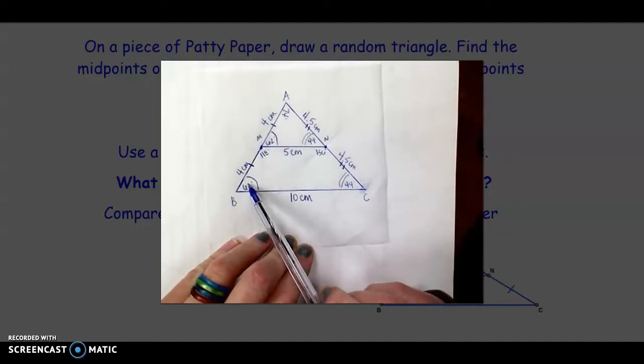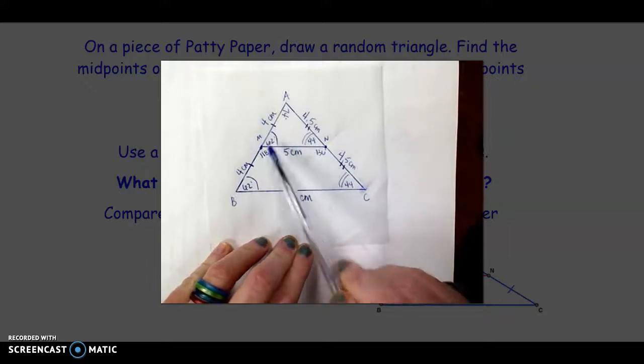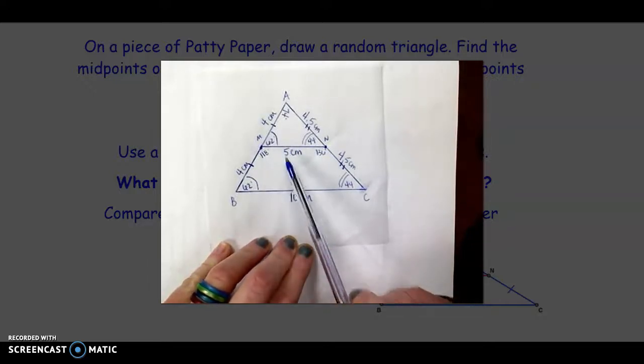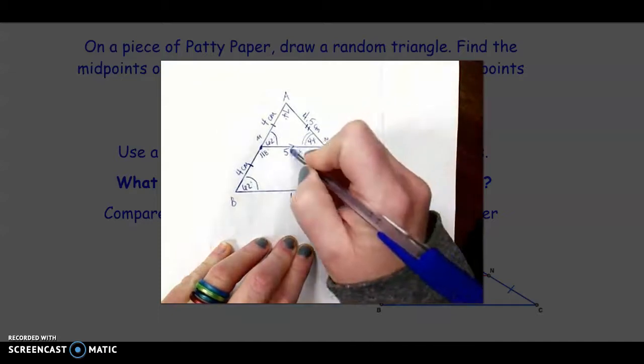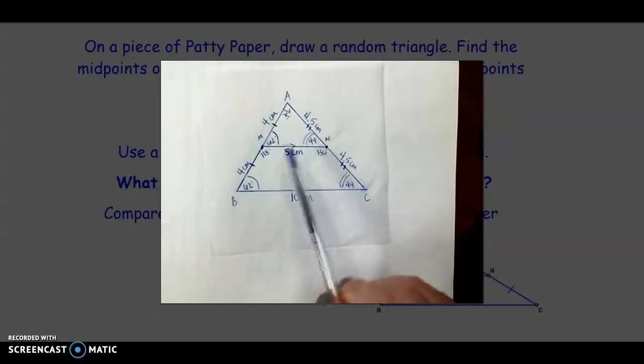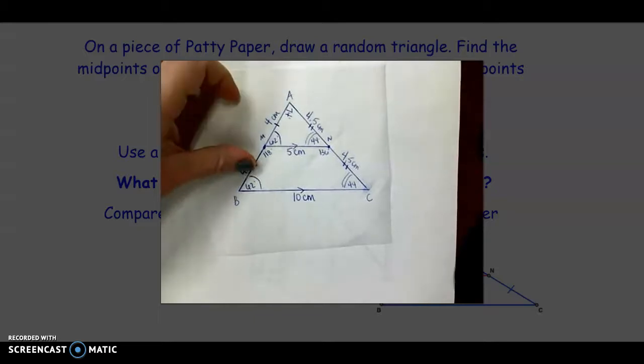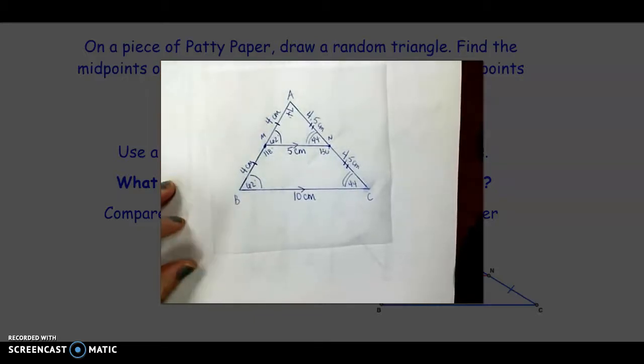Remember what these angles are called. Those are corresponding angles. And if corresponding angles are congruent, then what has to be true about these lines? They have to be parallel. So we should have learned two important things about this midsegment, that it's parallel to the third side and half the length of the third side. Those are the two discoveries that I hope we have learned.